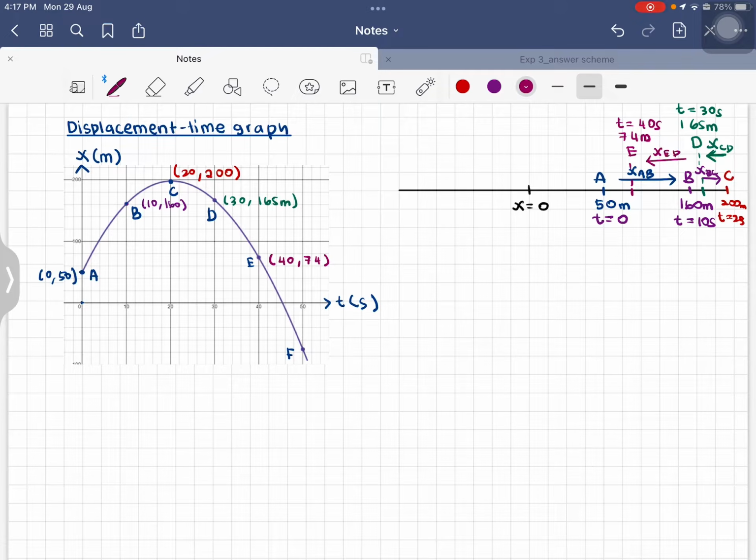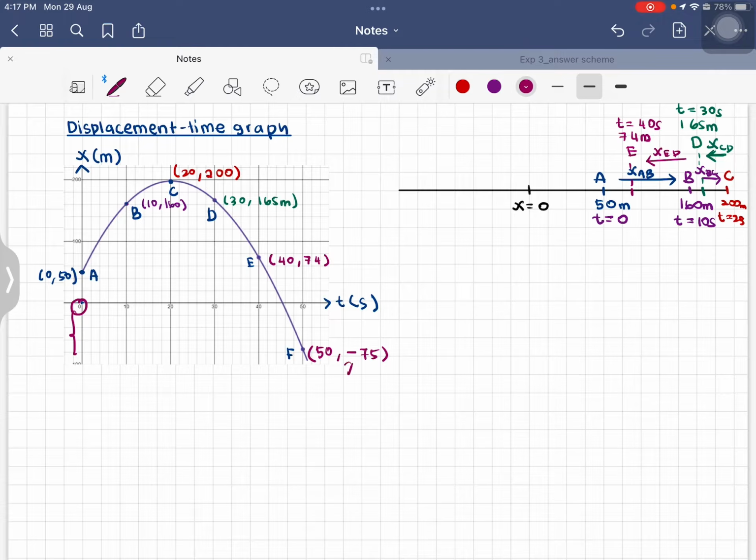X_DE. Okay, now let's look at from E to F. Your point F is below 0, below the origin. It is at 50 second, and it is negative 75. If you look at the coordinate point, it is negative 75.